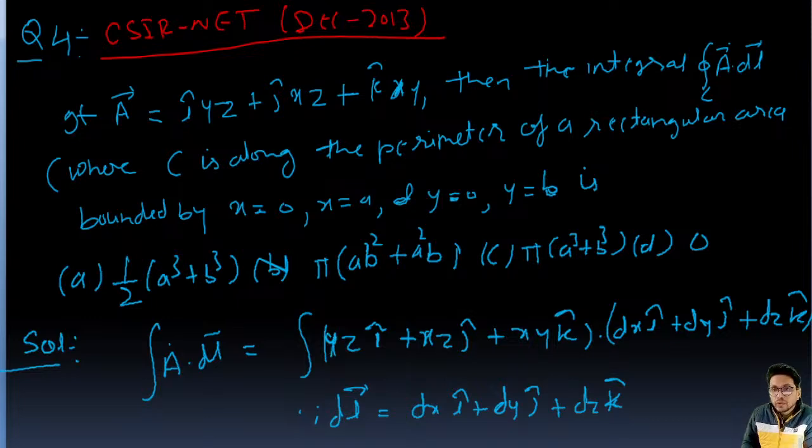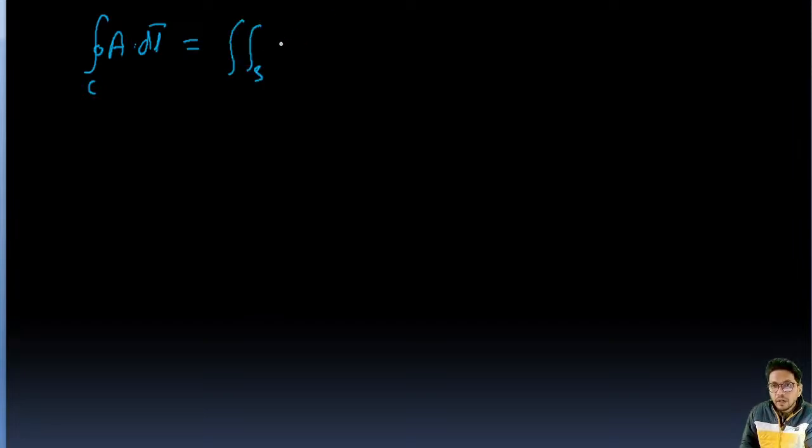So now, if we want to solve like this, it is going to be very tough, right? But we can easily solve it by using Stokes theorem. Here we can convert this line integral into a surface integral, right? Stokes theorem we know: the integral of A dot dl, this is the line integral, is equal to the surface integral of curl of A dot ds.